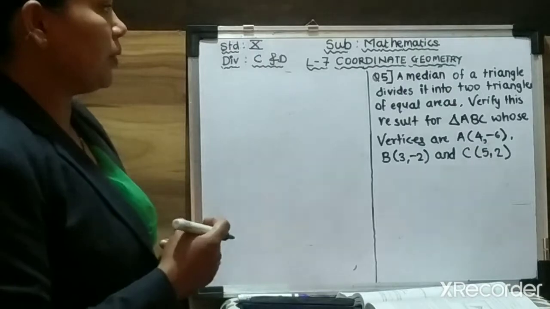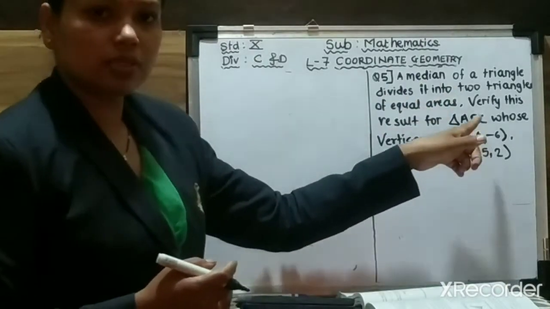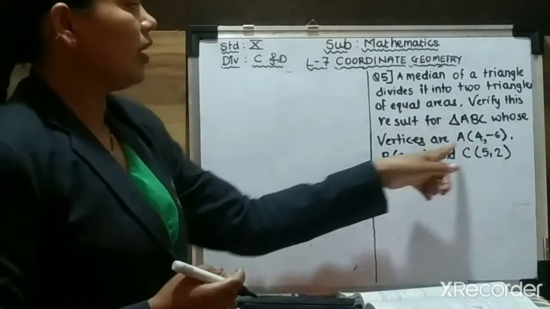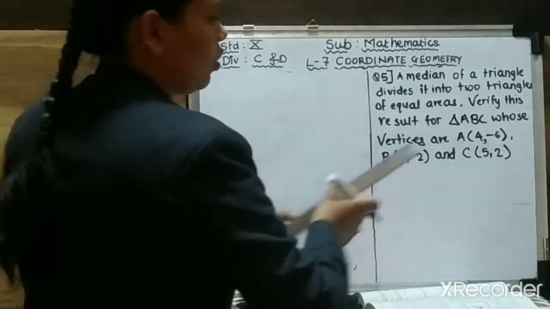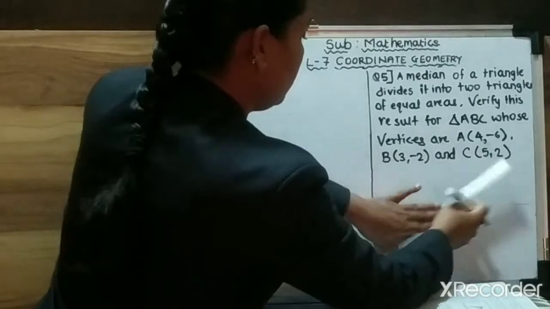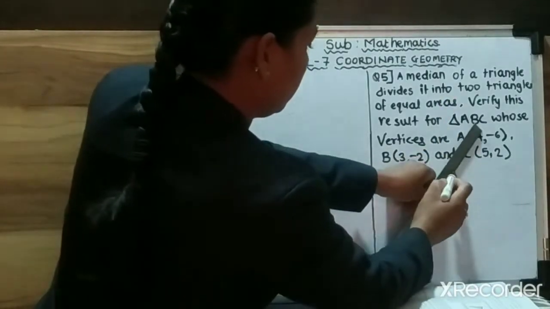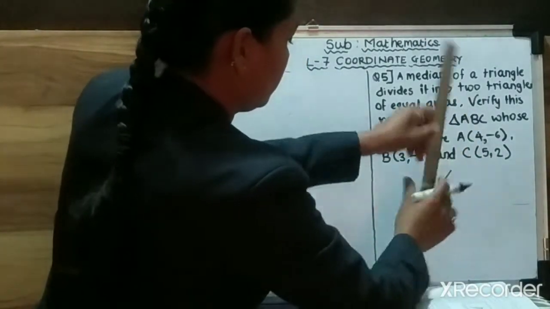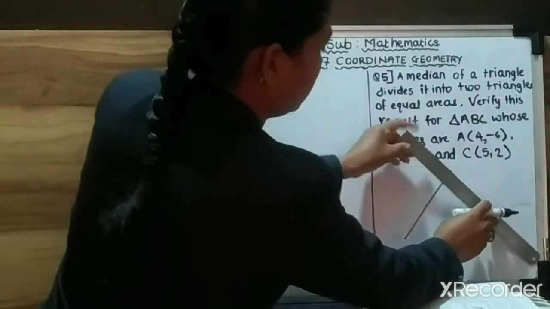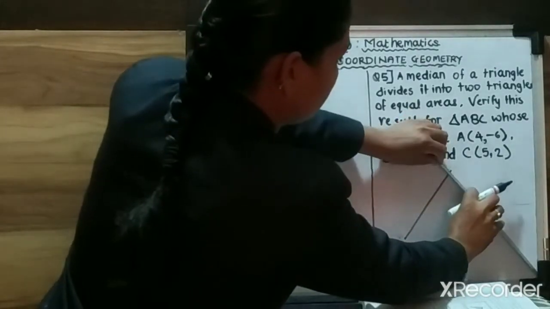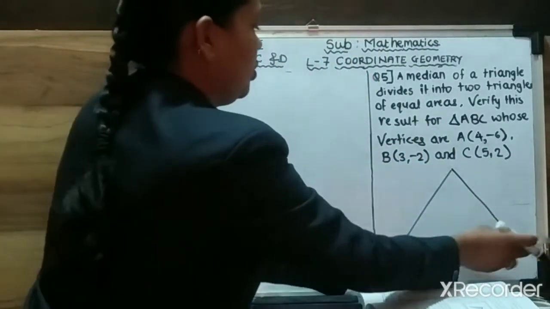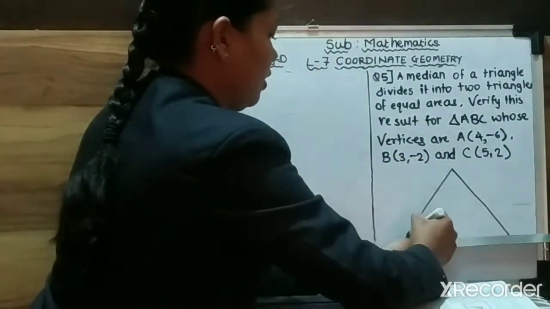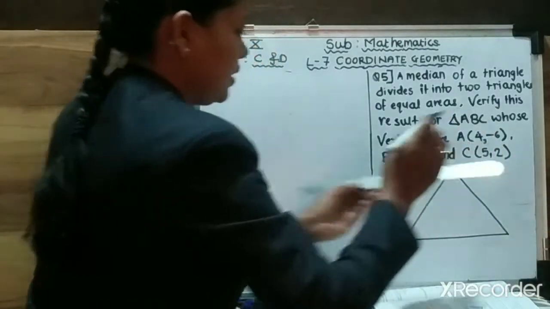For that purpose, it is given triangle ABC, and for that triangle we have vertices A, B and C. So accordingly we will draw the first figure here. You also draw a figure with the help of scale and pencil.